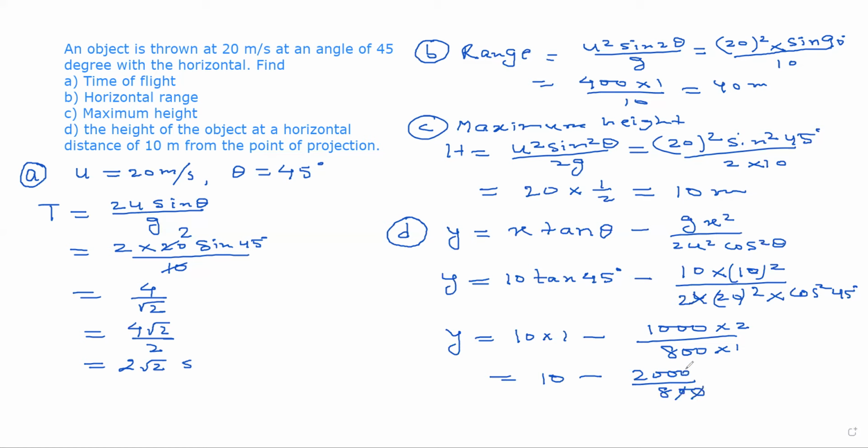We get 20 by 8, that is 2.5. So we have 10 minus 2.5, so 7.5 meter. It means that the projectile will be at a height of 7.5 meter at a distance 10 meter from the point of projection.